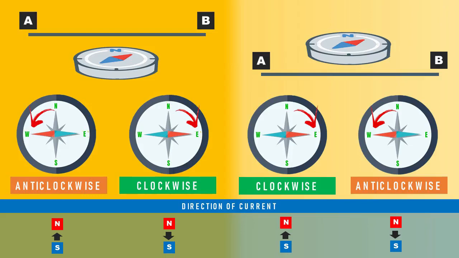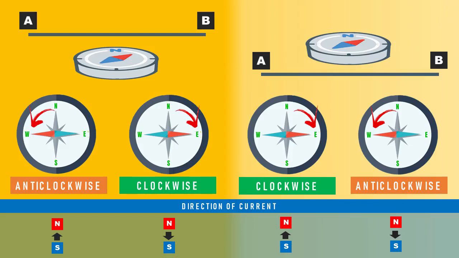What will be the direction of deflection of the north pole of the magnetic needle? We have seen that if it is above, it will turn towards right. So north will move towards right of the south-north direction, that is nothing but east. The direction of rotation of the magnetic needle is clockwise.